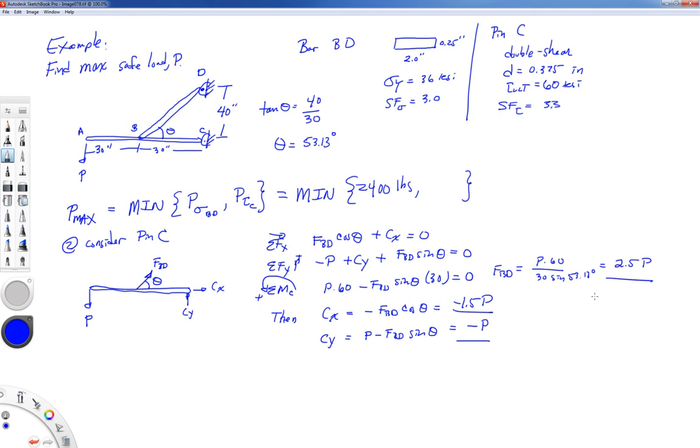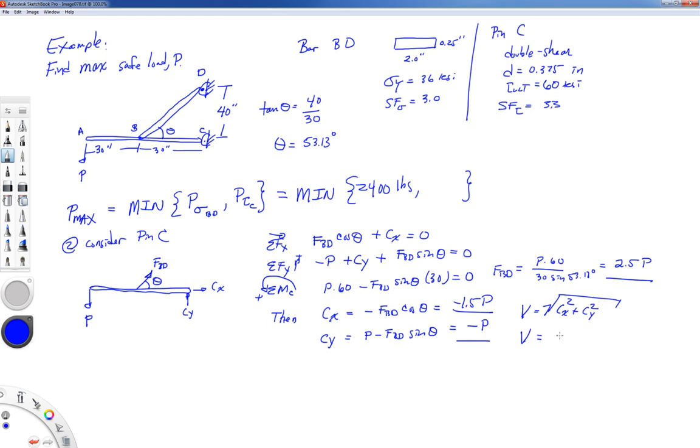All right, so now I know Cx and Cy, but what I need to calculate the shear stress at the pin is the resultant of those forces. So the shear force at the pin is going to be the square root of the sum of the squares of Cx and Cy.